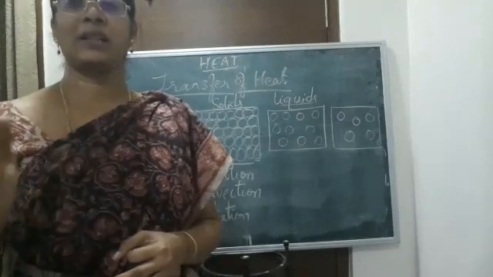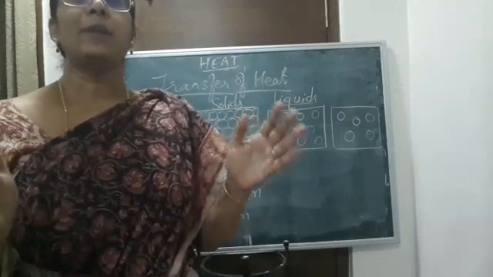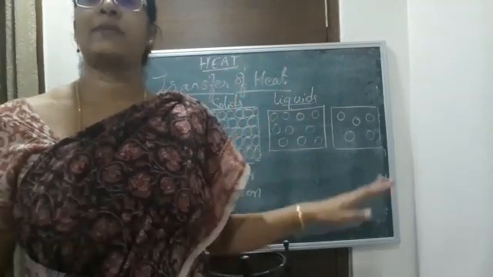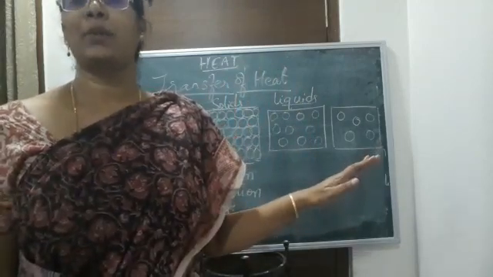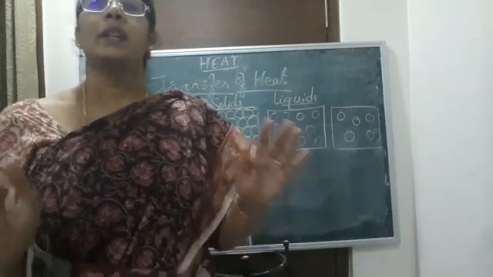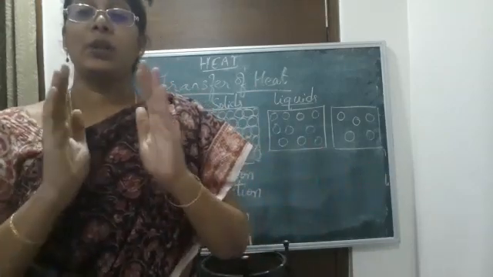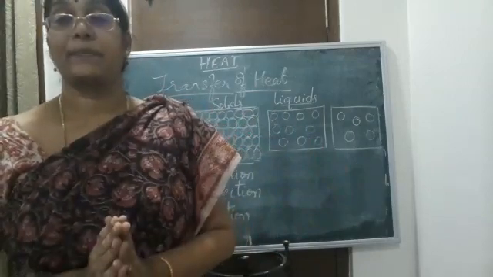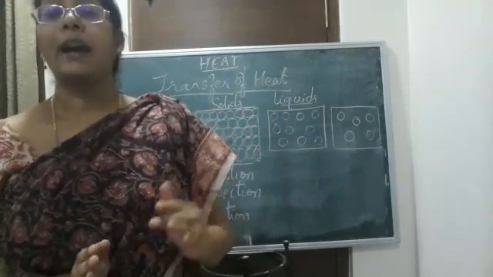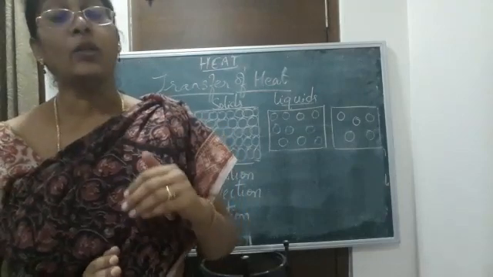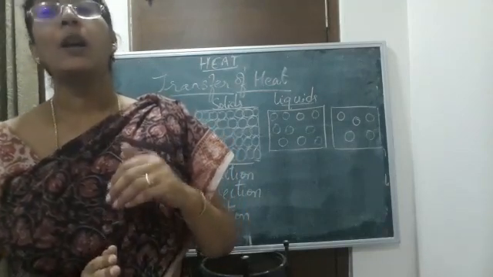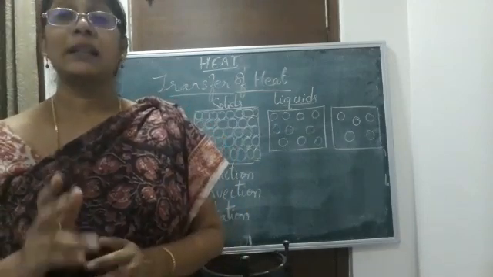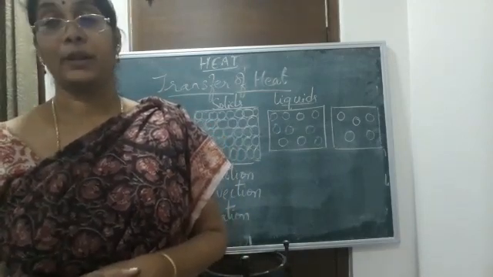Only then does transfer of heat take place. If the temperature of both the objects is the same, then no transfer of heat takes place among them. Transfer of heat can take place only if there is a difference between the temperature of two objects, and it always takes place from hot object to cold object. These are the two things that are important.